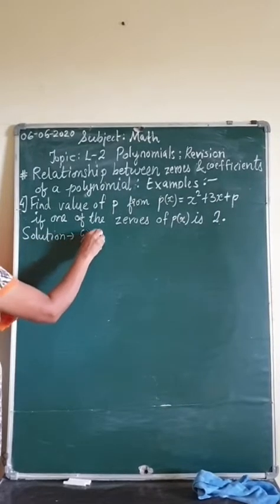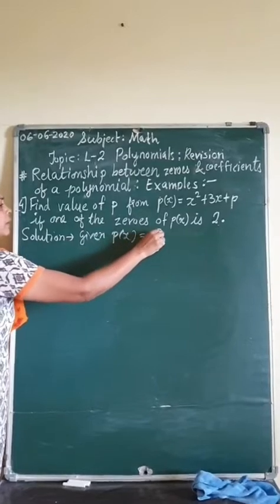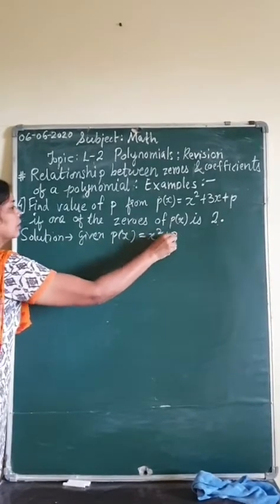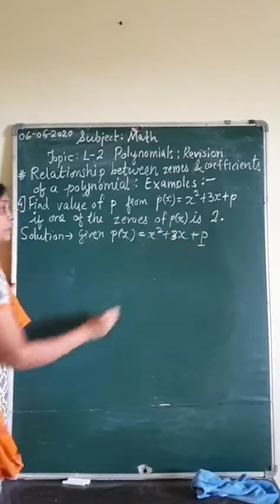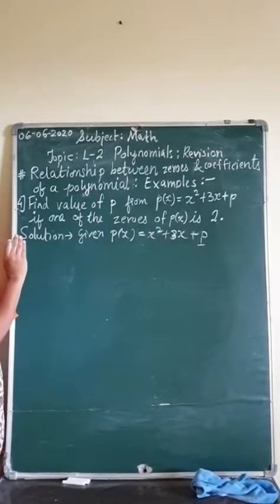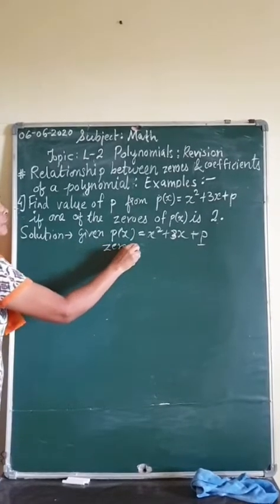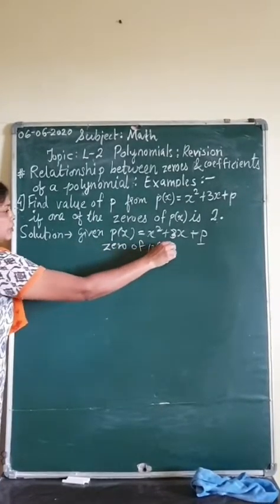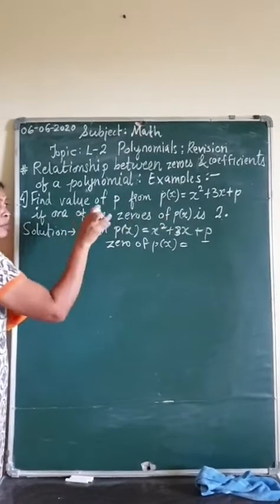They have given us p of x as x square plus 3x plus p. Now we have to find the value of p, but one zero they have given as 2.